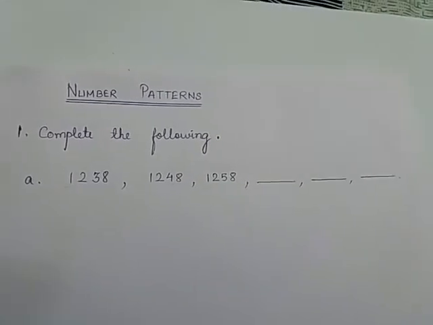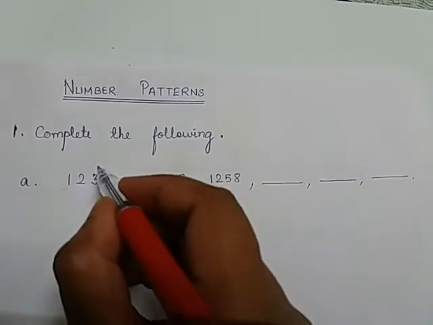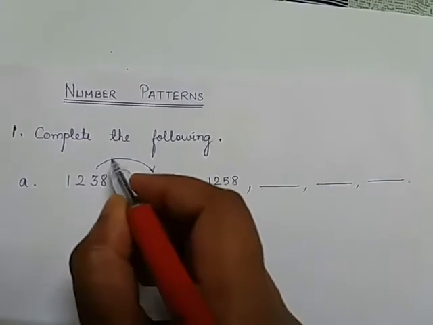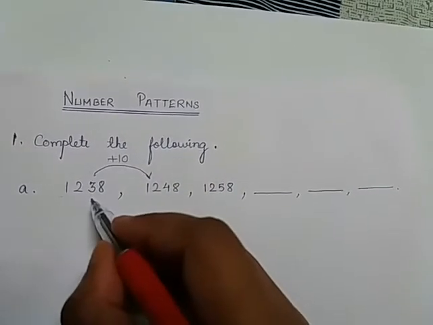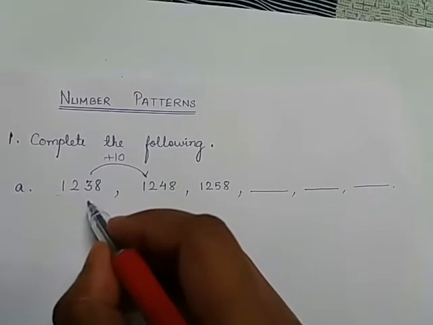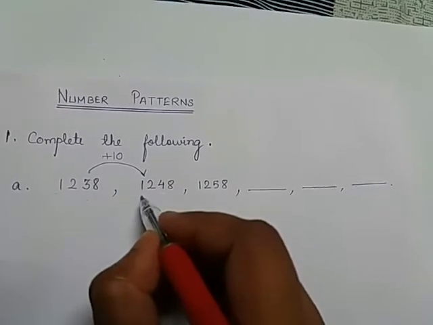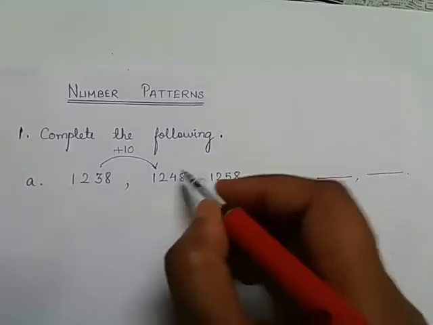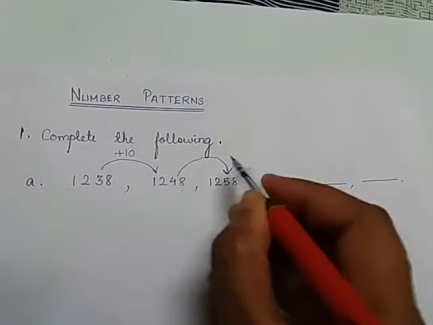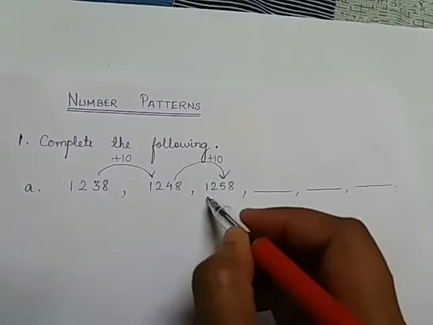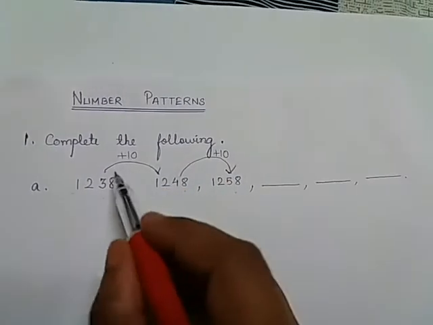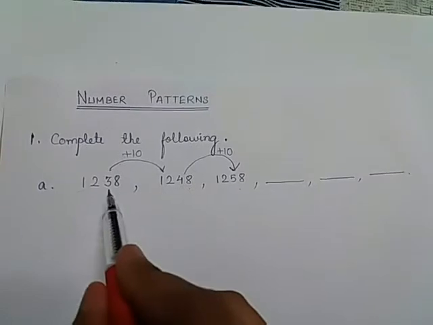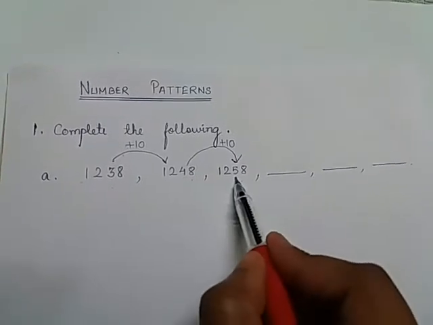As a result, we are adding 10 at every step. When we add 10 at the tens place, we get 1248. Again we add 10 here, that's why we get 1258. So this is the pattern followed in this row of numbers.